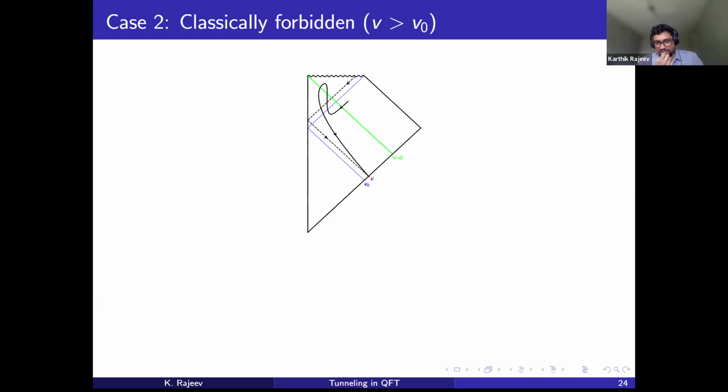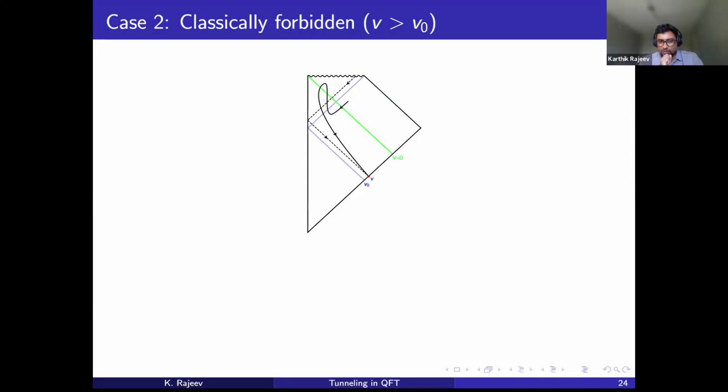But what we're interested in is to understand what kind of worldlines give rise to such contributions. So just like in the Schwinger case, it was those space-like worldlines. Here, this tunneling happens in a sense because we allow for worldlines to cross the horizon and come back. In the whole path integral, nothing is forbidding the worldlines to cross the horizon and come back. Right? So I've shown one example trajectory here.